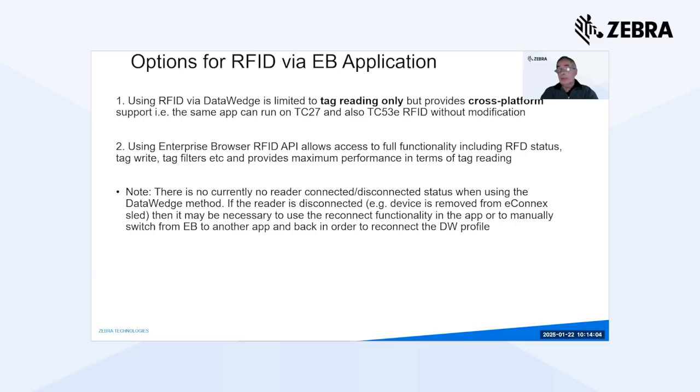And we can also easily programmatically enable tag filters. So if you're in a dense tag environment and you want to filter out tags so that you only read tags beginning with a certain prefix, then we can do that with the tag filters in the full API.